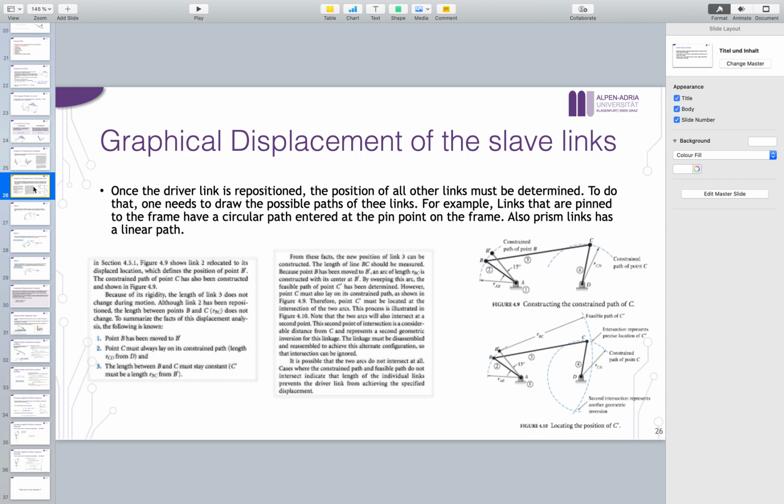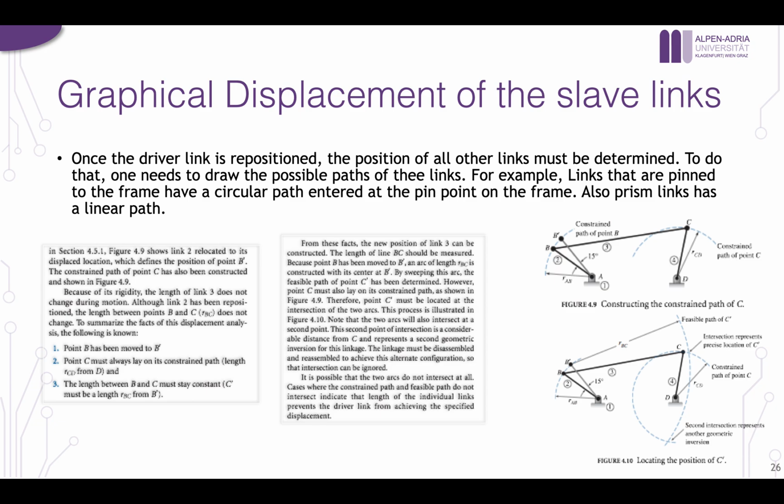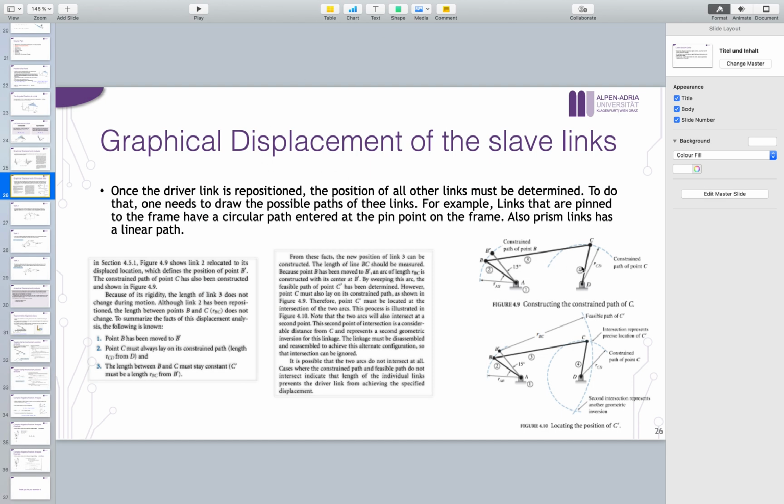This is another example of a graphical displacement. And here we want to do graphical displacement of a slave link or a follower link. So slave and follower are the same. That means we have a driver and we have a slave or follower. This mechanism, as we see here, is a closed loop mechanism, right? And we have 3 movable links, and we have the base frame that is not movable.